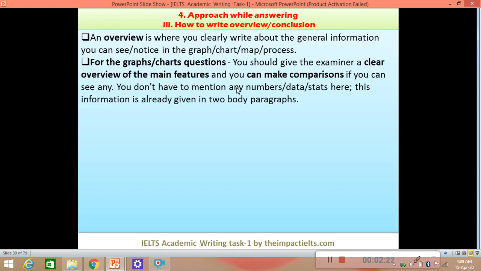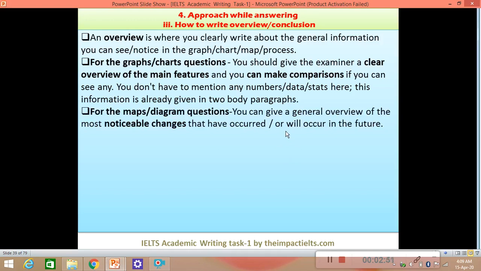If anything is exclusive and you want to compare it with the entire figure, perhaps you can mention that, but nothing can be individualistic. You have to take the information as a whole here, because the information about data and figures is already given in the two body paragraphs, so you don't need to repeat them.